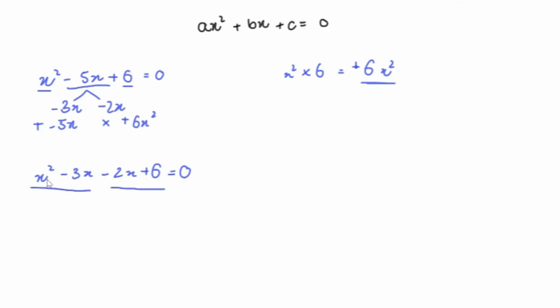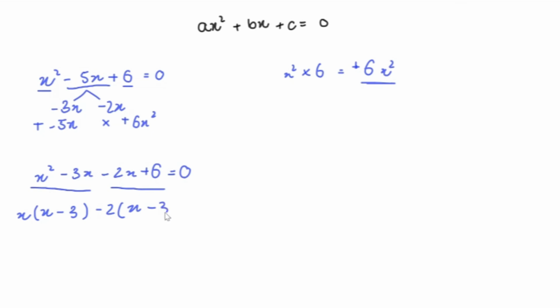What we can take common from the first pair is only x, so we write x, and then dividing x from this we get x, and dividing x from this we get minus 3. Now let's take a common value from the second pair. We take minus 2. If we divide minus 2 from this, we get x, and if we divide minus 2 from this, we get minus 3.